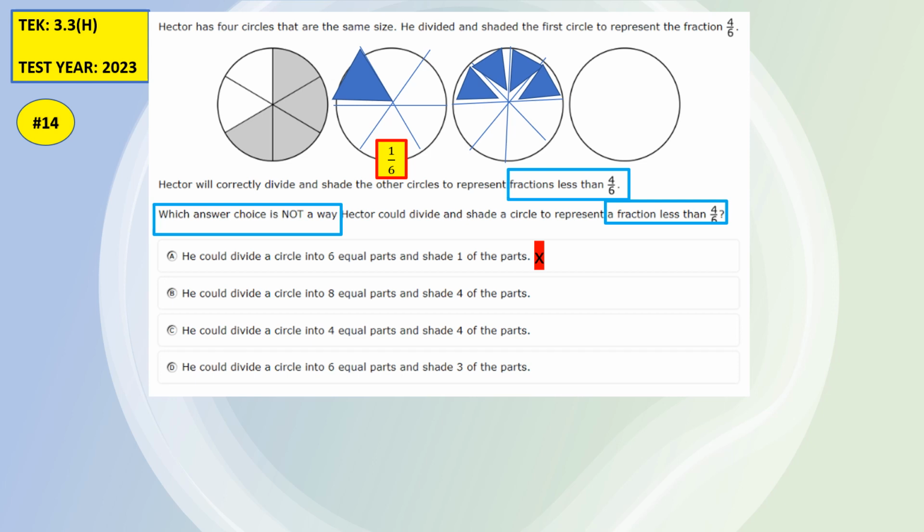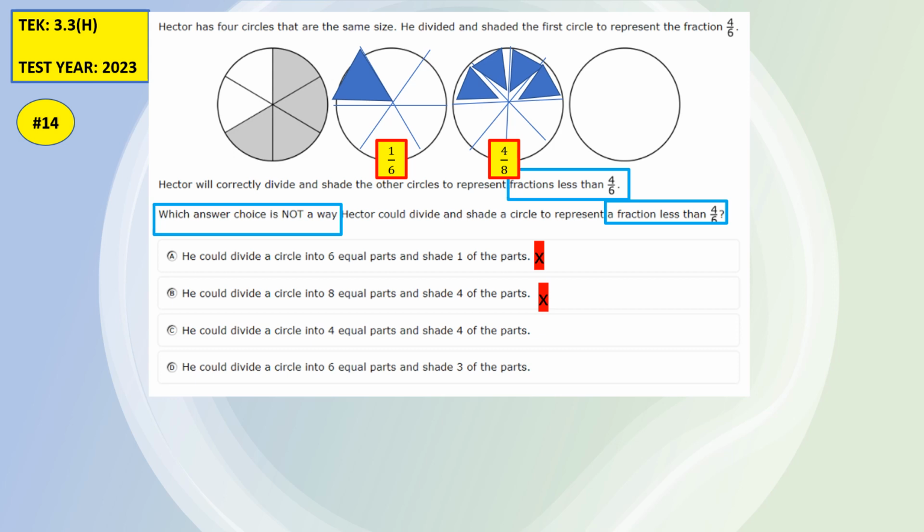So that represents the fraction 4/8. Is 4/8 less than 4/6? It is. So that means that's not what I want either. We want something that's not less than 4/6. That is less than 4/6. That's not what we want.